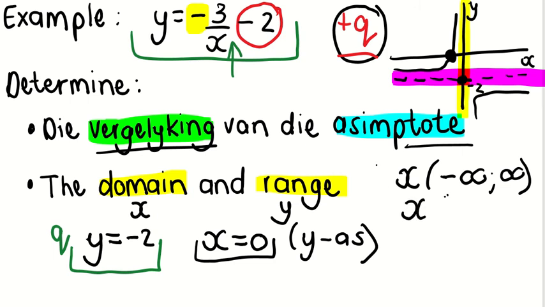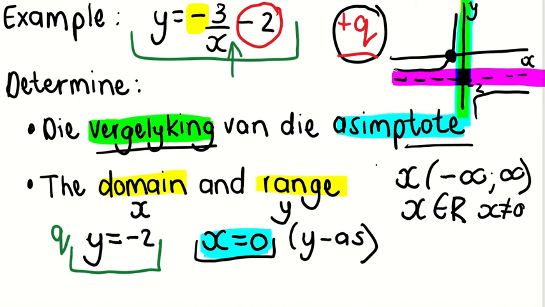Or you can write, there's other way to write it as well. You can write x ∈ R. But, and here is a big but, it will never be at the asymptote. So where x is equal to 0, remember we said here that the asymptote is x equal to 0, and that's this line here, that's the y-axis. X will never be equal to 0 because that's where the graph will never cross.